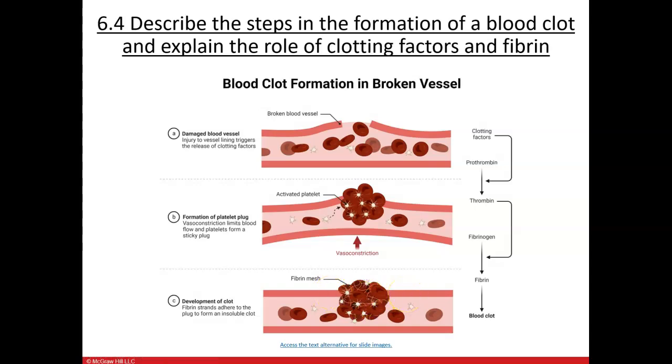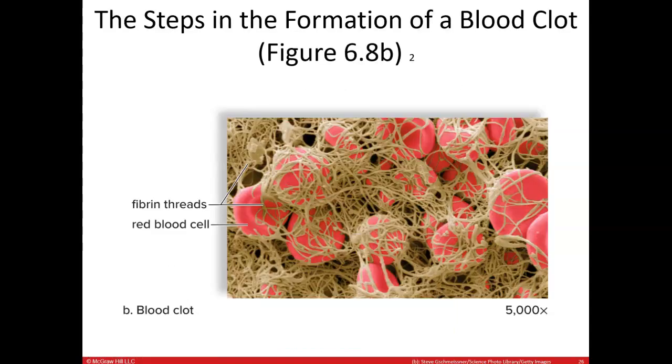This has to be a highly controlled mechanism, because we don't want blood clots randomly forming. We need them to be purposeful. And here's a picture I found that I think is kind of cool: here's some red blood cells, and here's those fibrin threads that were made in the clotting process, holding them together, sealing up the hole in that blood vessel.